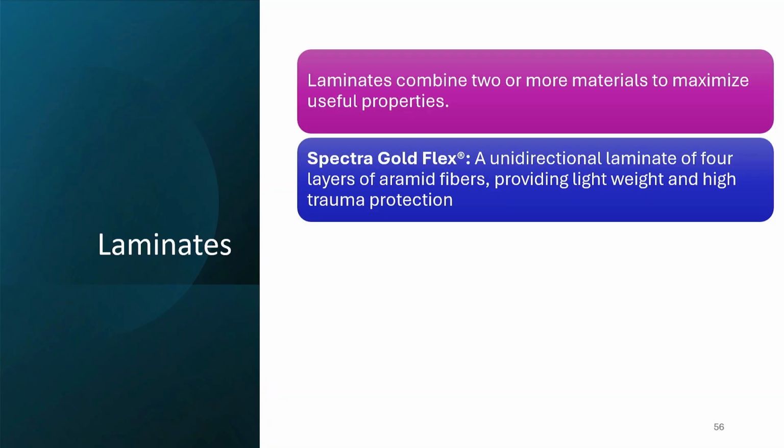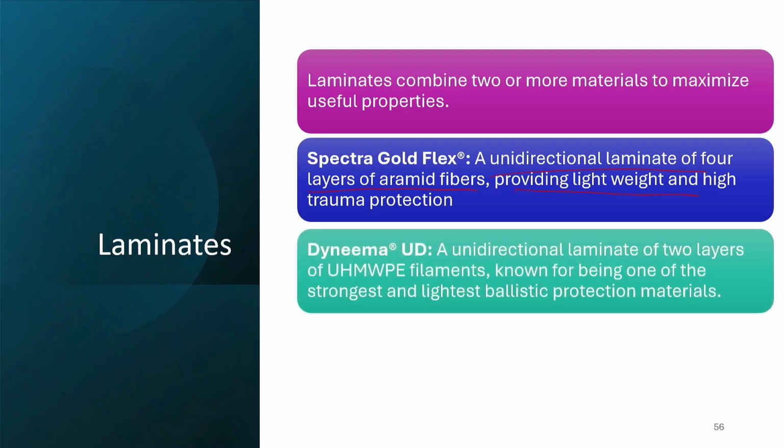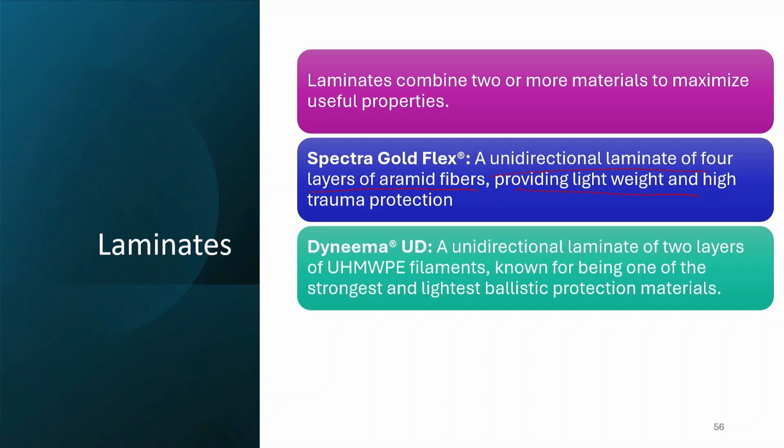It is a unidirectional laminate of 4 layers of aramid fiber, providing lightweight and high trauma protection. Spectra Gold Flex is a commercial product. Dyneema UD is also a unidirectional 2 layer laminate of ultra high molecular weight polyethylene filament.